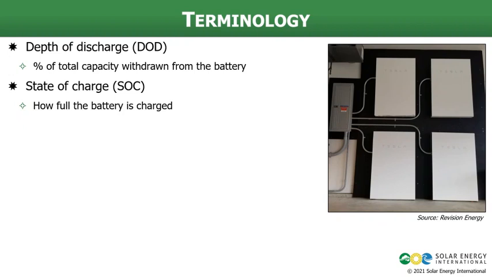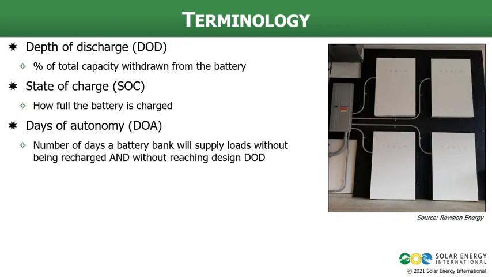So if I use 10% of the capacity of the battery, I still have a 90% state of charge. If I use half of the capacity of the battery, I have a 50% state of charge. If I use 80% of the capacity of the battery, I have a 20% state of charge. So depth of discharge and state of charge are inverse relation to each other.